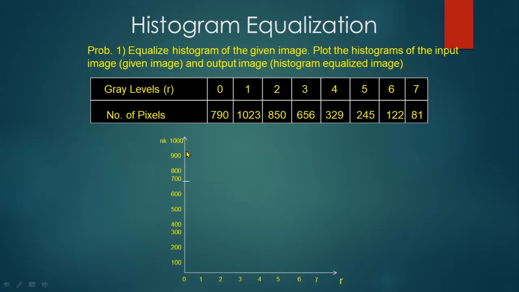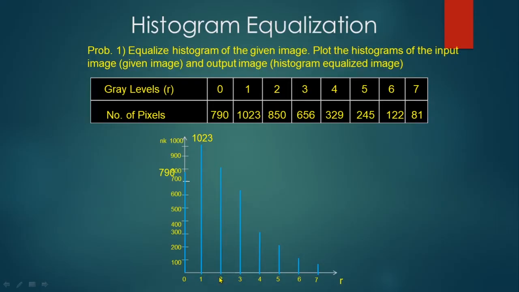Then you have to represent these numbers of pixels at the corresponding intensity levels. Here 790 pixels have intensity level 0. Next, 1023 pixels have intensity level 1. For gray level 2 there are 850 pixels.